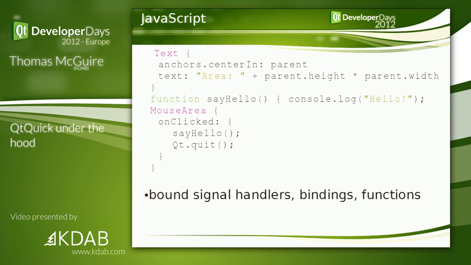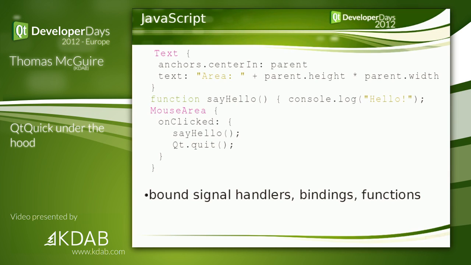So what the QML engine actually does when it loads a file, when it sees a more complex expression like this one, it will invoke a JavaScript engine, V8 in this case, to evaluate the expression. Then it gets the result, and it calls that property with that result.